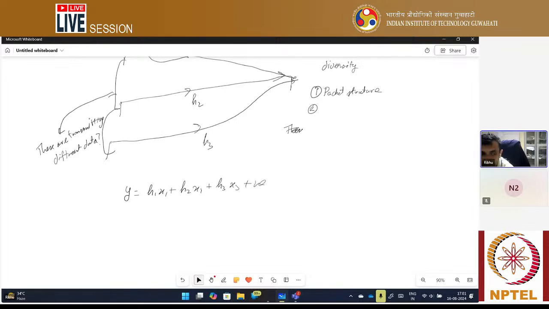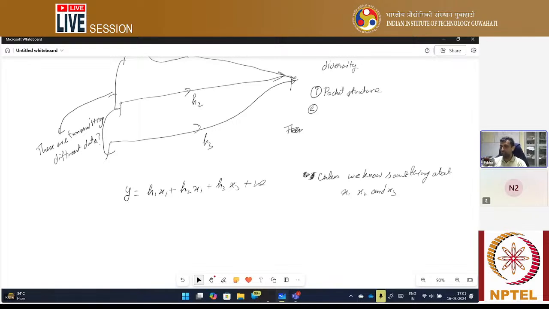So unless we know something about x1, x2, and x3, like the constellation.